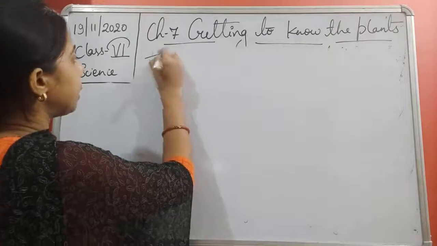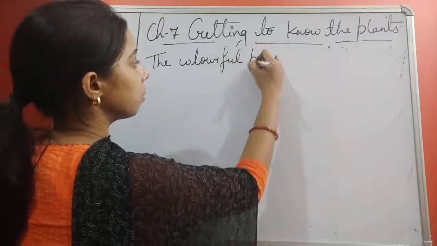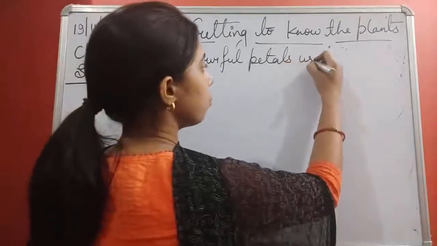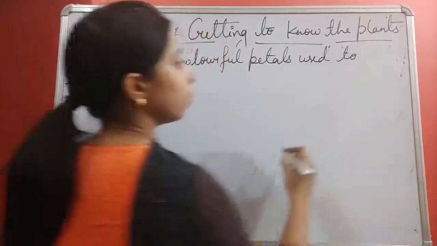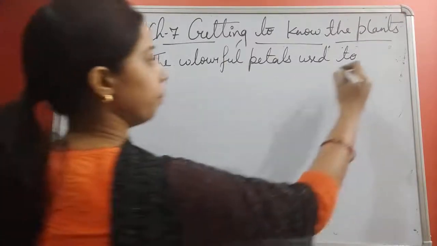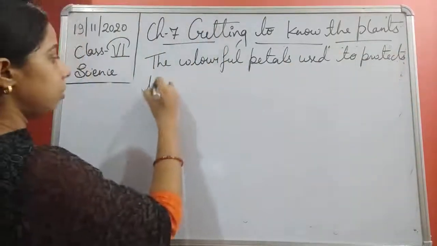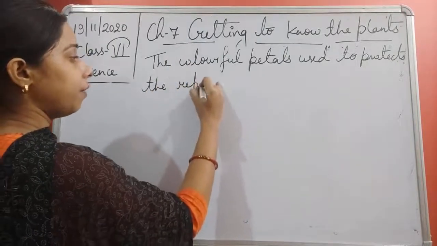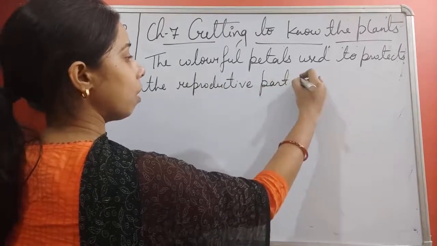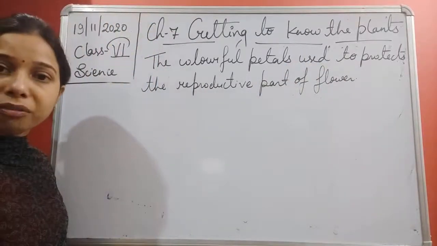So we can say that the colorful petals enclose or protect the reproductive part of the flower.